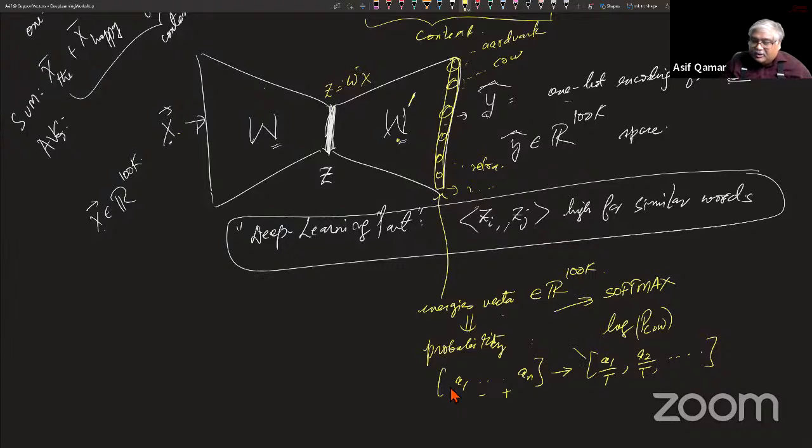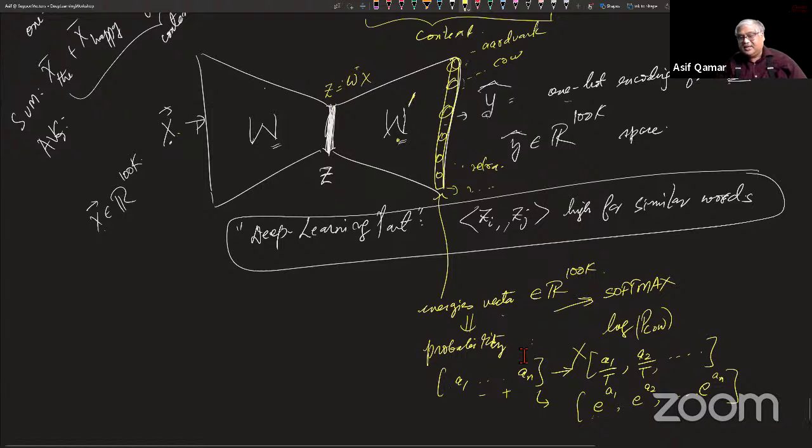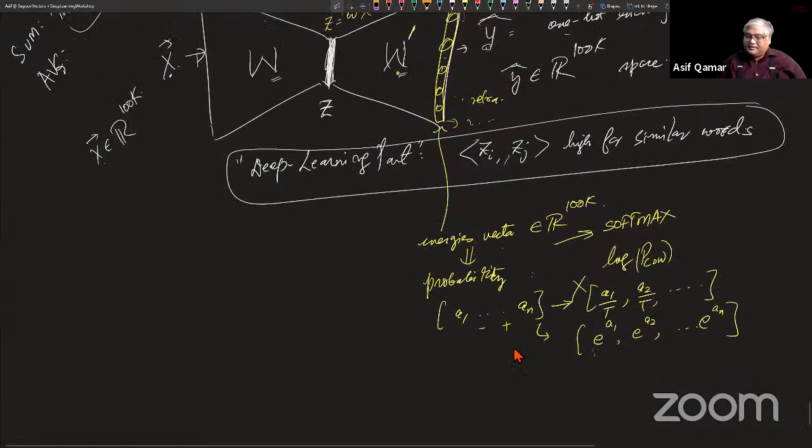And so you say, okay, what can I do now? I won't do this. I would instead take a clever trick. I will exponentiate each of these things, and if I exponentiate, I get two possible benefits mathematically, and then divide by the total. So first you exponentiate, and the next step is you scale it down by the total.